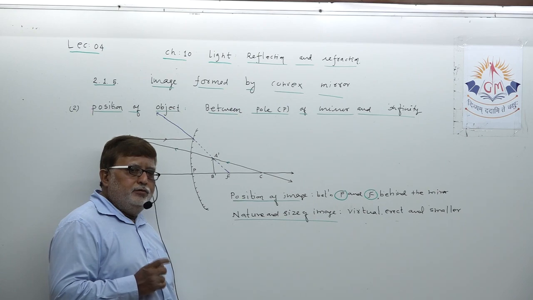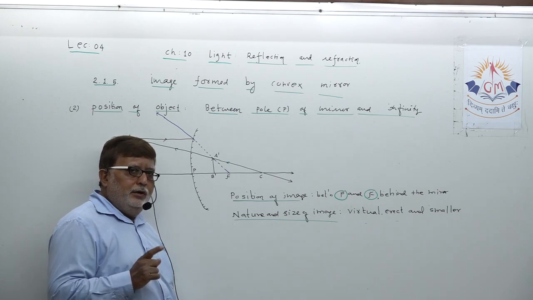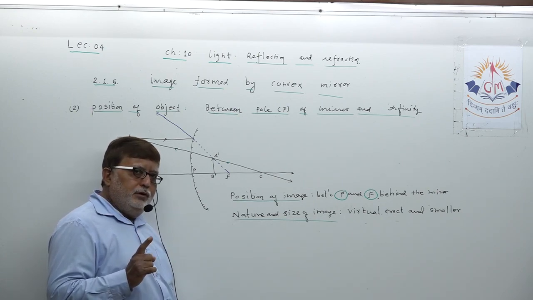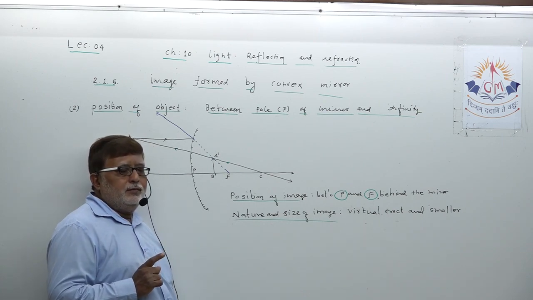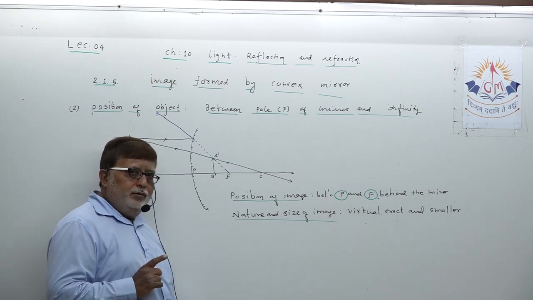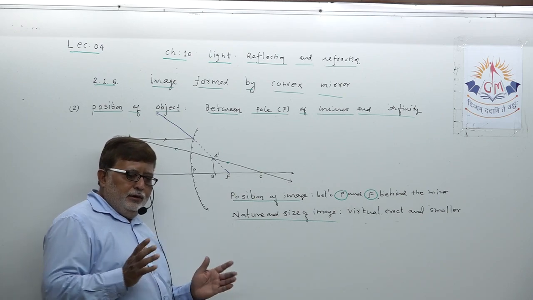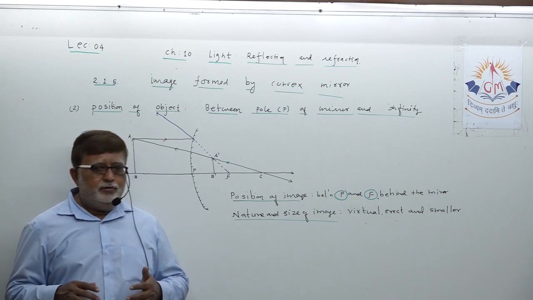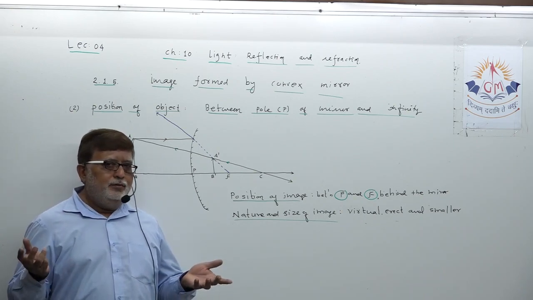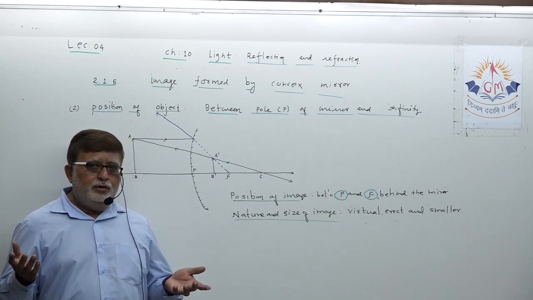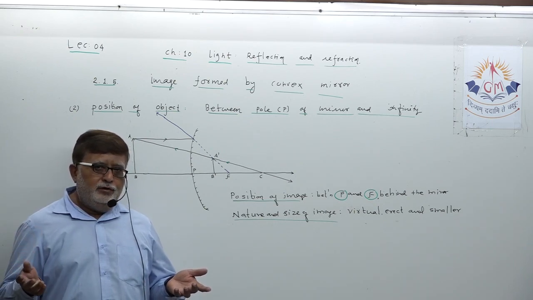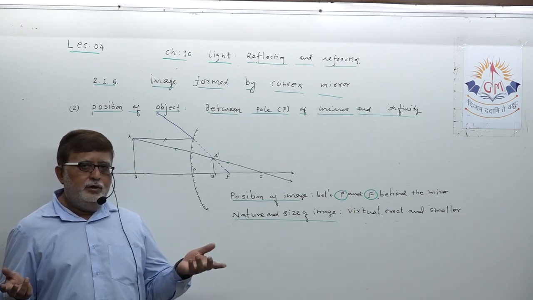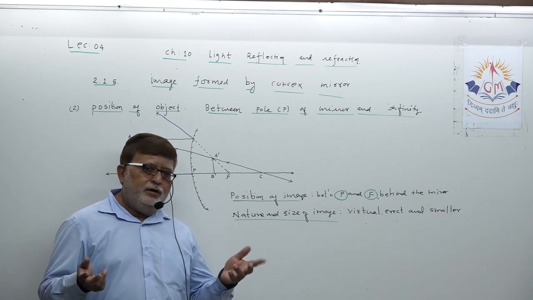Both the images which are obtained are virtual and erect. Understand? That means if you are writing the difference between concave and convex mirror, can you guess some fact? First one, in a concave mirror, the inward side is shining, outer opaque. Here, outer shining, inward opaque.